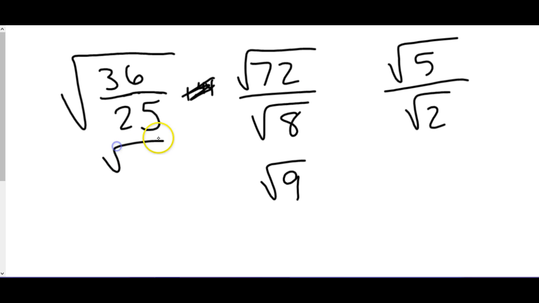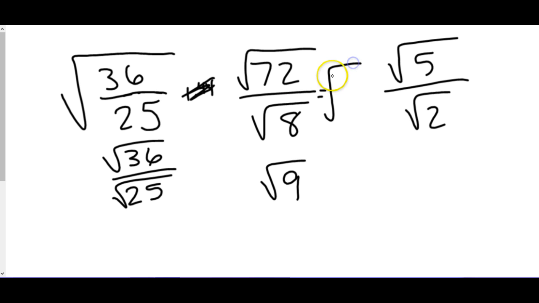This first one, I could rewrite it so they're separate if I felt like it, and actually that's something you will need to do. The second one, I could write it so they're all under a square root and still be fine. That's one of the properties of our division, that we can change that back and forth, because sometimes we need it to be one way, sometimes we need it to be the other.